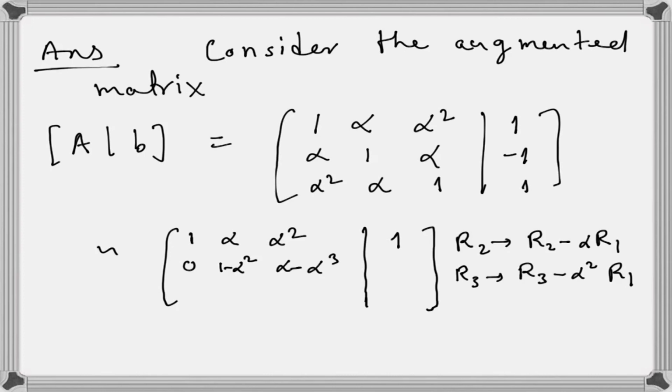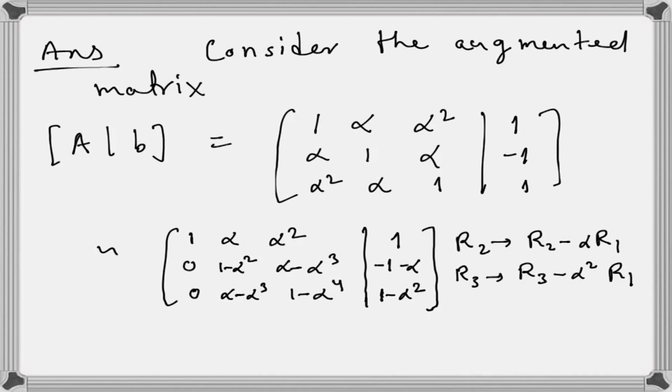Alright, then this is 0, this is alpha minus alpha cube. Okay, and this is 1 minus alpha to the power 4, and this one will be minus 1 minus alpha, and this is 1 minus alpha square.